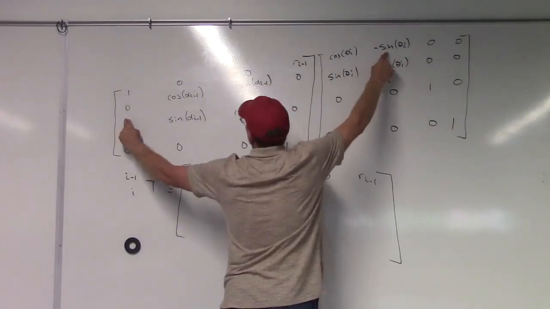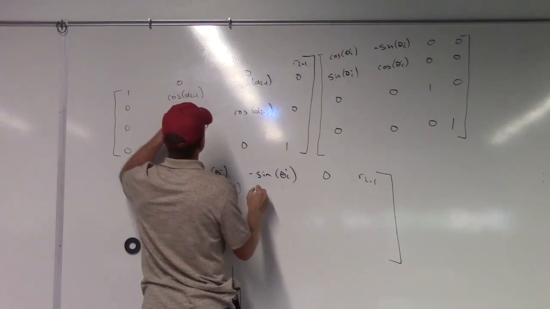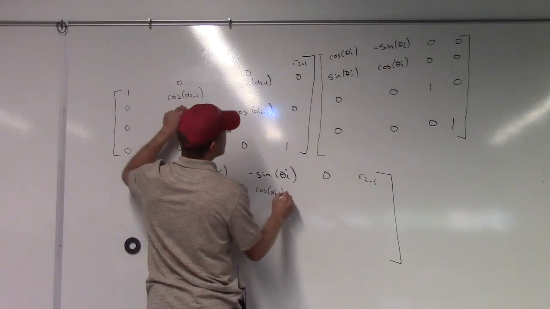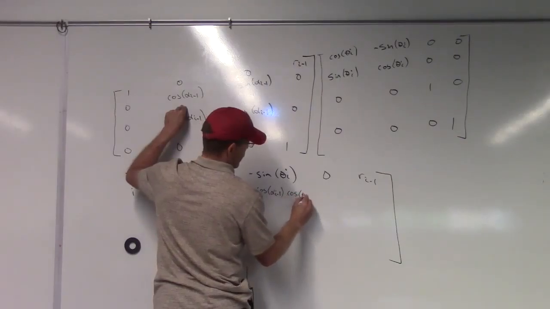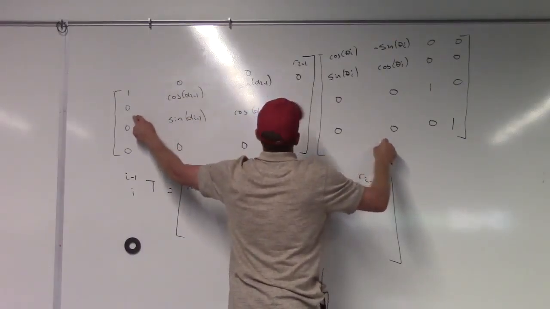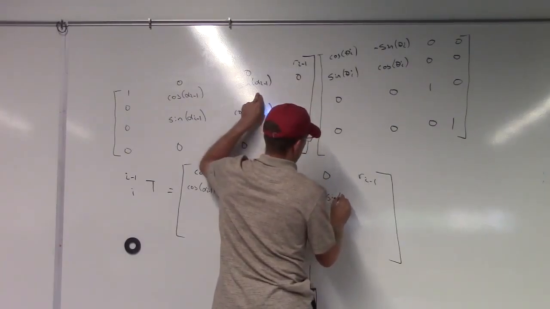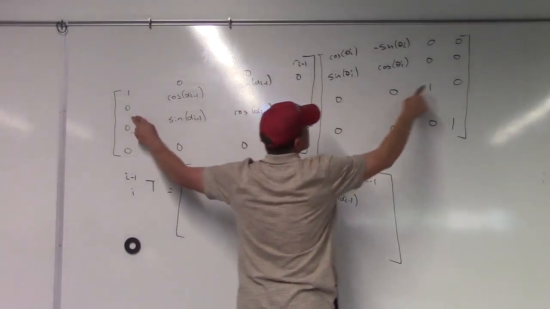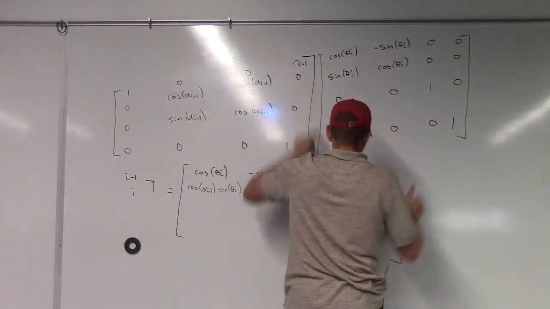And then 0, cosine times cosine, so cosine alpha i minus 1 times cosine of theta i, and 0 and 0. And then second row by third column will be a negative sine alpha i minus 1 and 0, and 0, 0, 0, 0. Good.